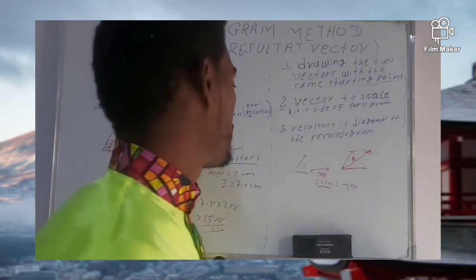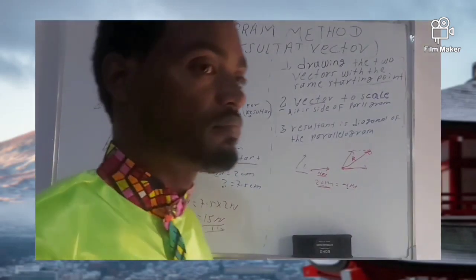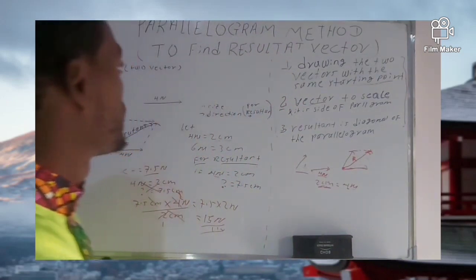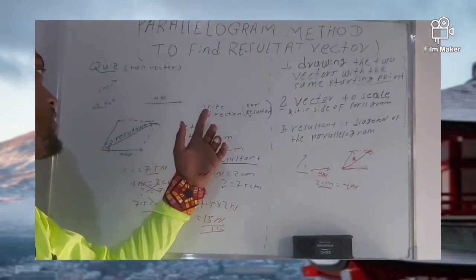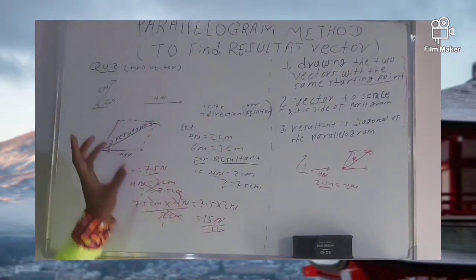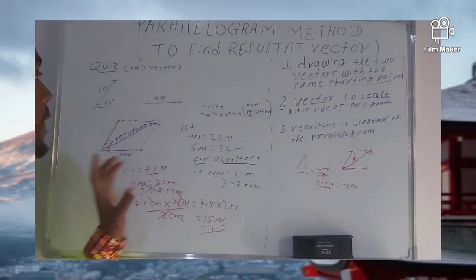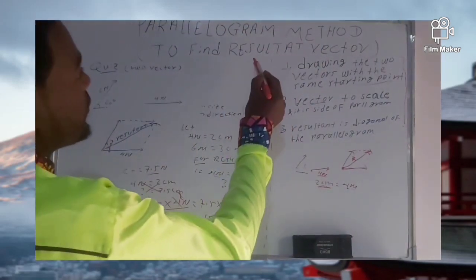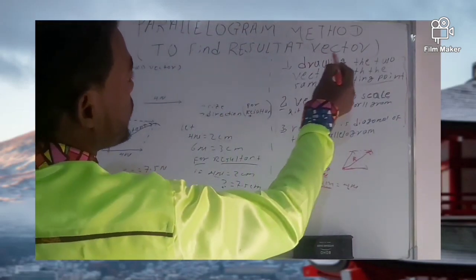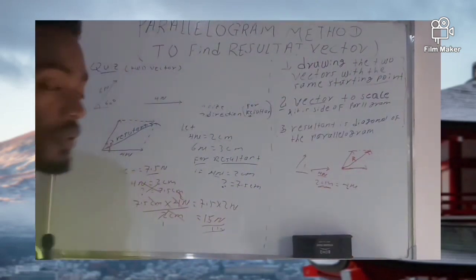By this means, we can have both size and direction for our resultant vector by using the parallelogram method.